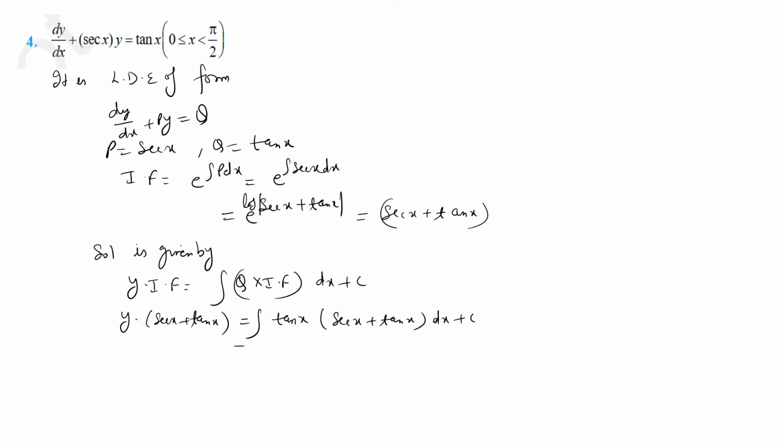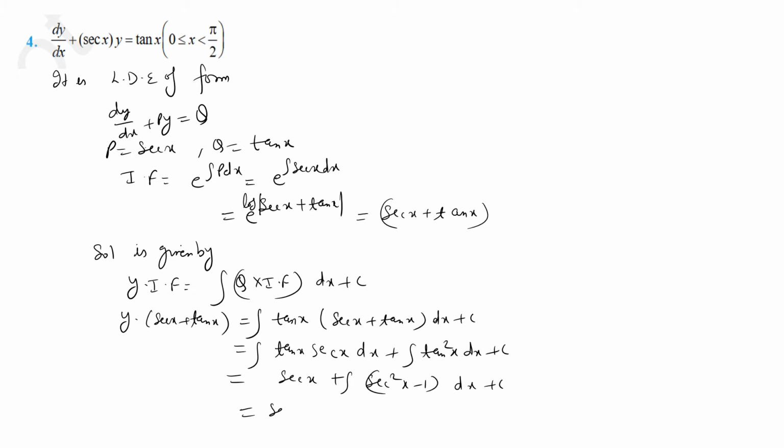So we get the integral here as secant x, and the second one is tan square x. Right? So the integral of secant x tan x is secant x, and for integrating tan square x we have to break it in this form, plus c. So it becomes secant x plus tan x minus x plus c.